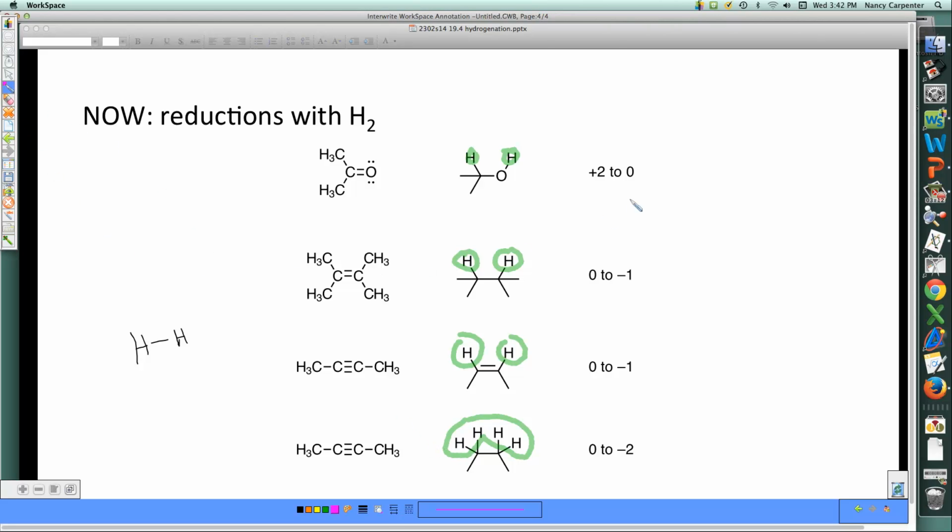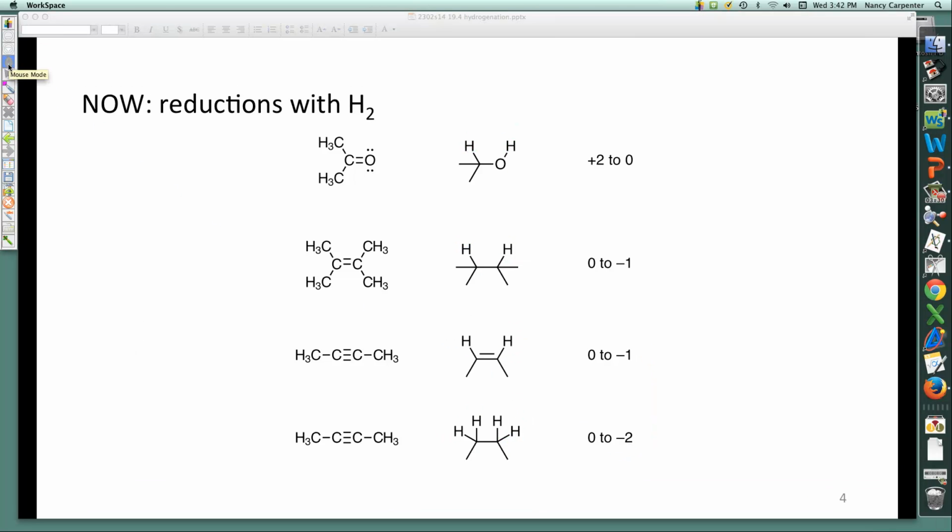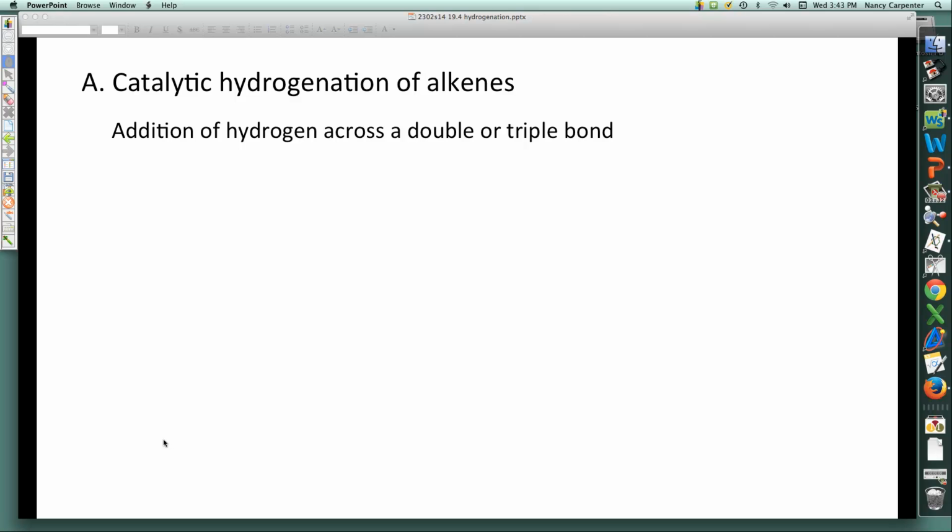So note that these are all reductions, and in this particular case we have 2 steps in going from an alkyne all the way down to the alkane. We can reduce these carbons down to -1 or take them all the way down to -2. So the deal is we can add hydrogen across a double or triple bond, and we're going to look at alkenes and alkynes first.